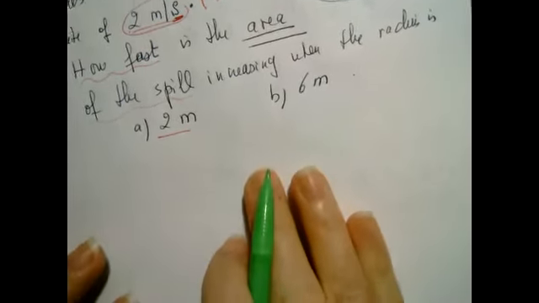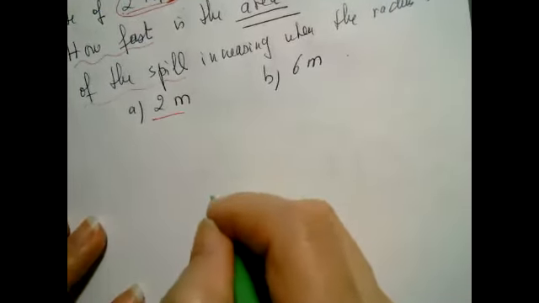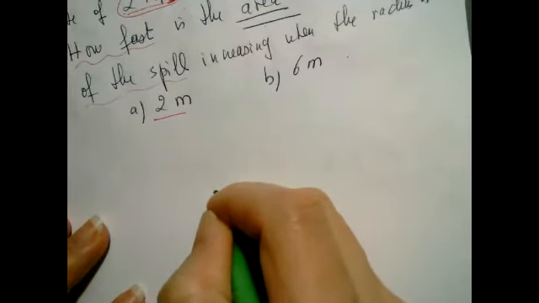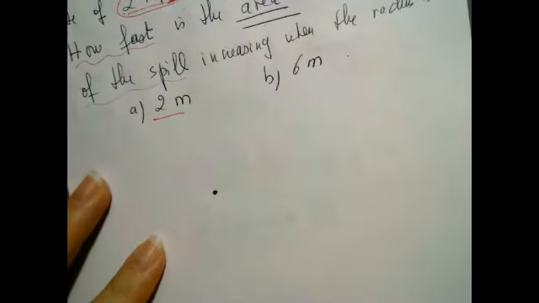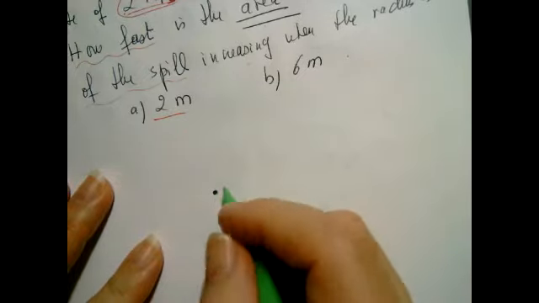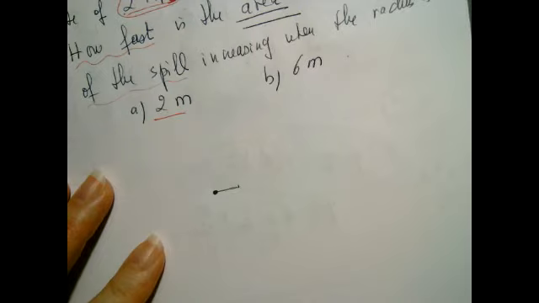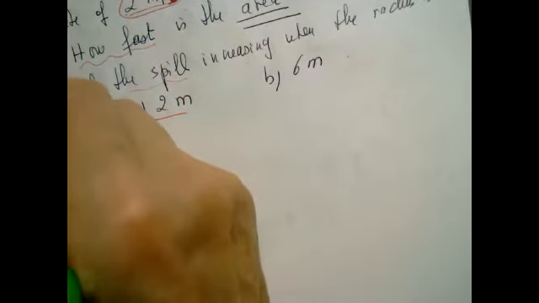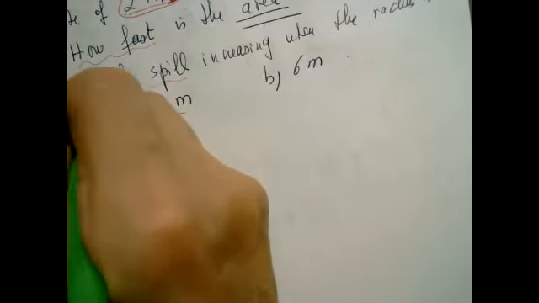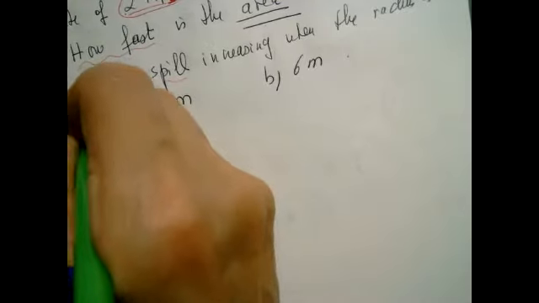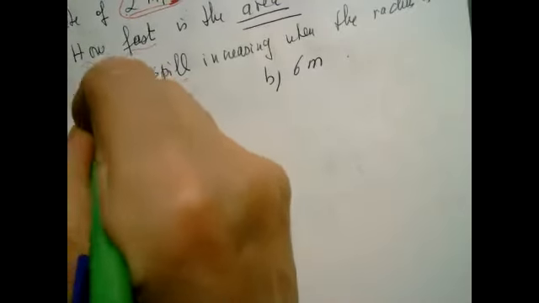I'm going to describe the picture a tiny bit again. At 0 right here, we have the spill, that's the oil. It's spilling and it's spreading. After 1 second, the radius grew. The radius is growing at a rate of 2 meters per second.